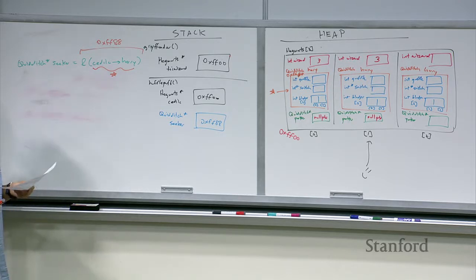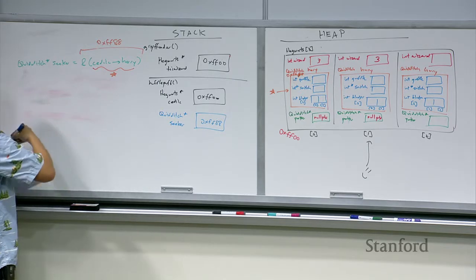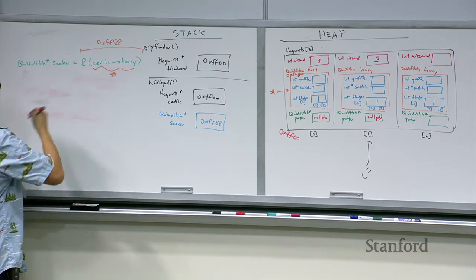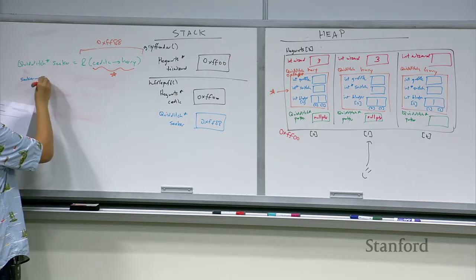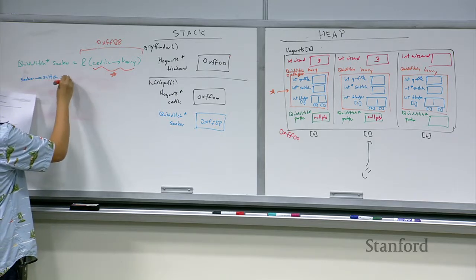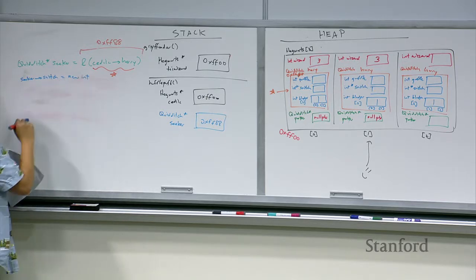All right, so next line. Seeker arrow snitch is equal to new. I think it's easier if I just write it out. Seeker arrow snitch, that's equal to new int. So of course you start with the right hand side, new int.